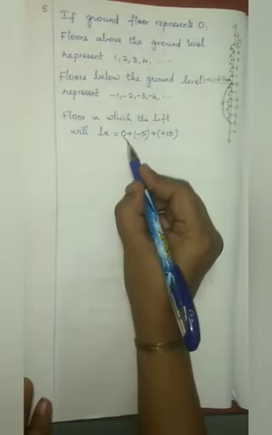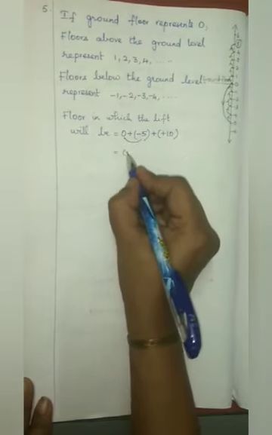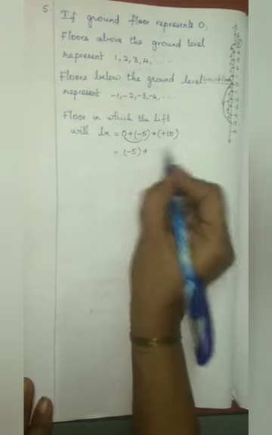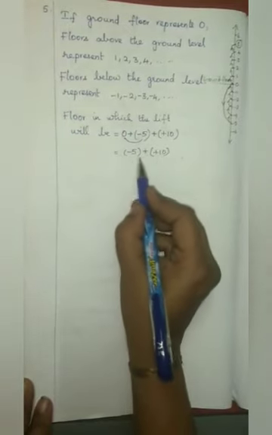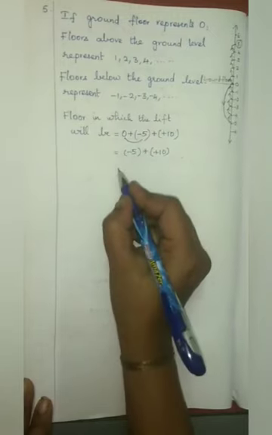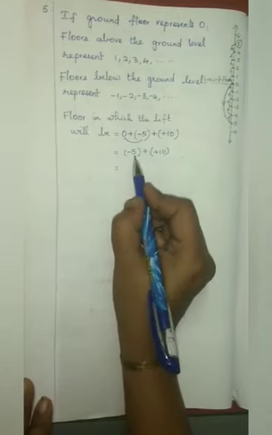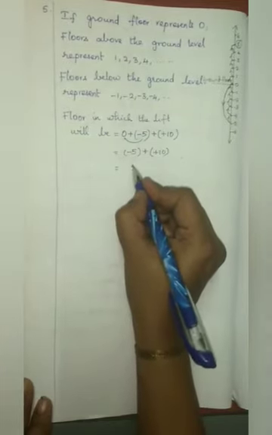So add plus 10. You know that when you add any integer to 0, we get the same number, isn't it? So minus 5 plus 10. These two integers are of different sign, so subtract the smaller number from the bigger number. Which is smaller here? 5 is smaller. So subtract 5 from 10. We get 5.